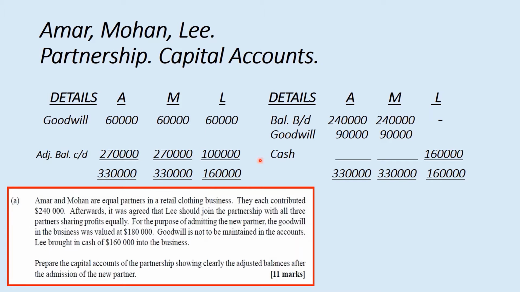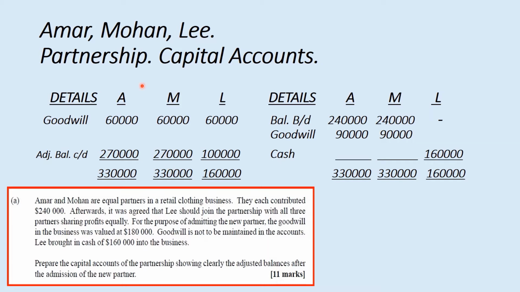Although he has brought in 160,000 into the business, his account is only showing 100,000 because 60,000 in goodwill has been removed from the business. The same applies to Mohan and the same applies to Amar. Their balances would be 60,000 short because goodwill has been removed from the books.